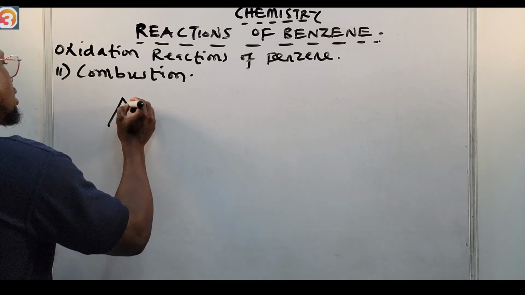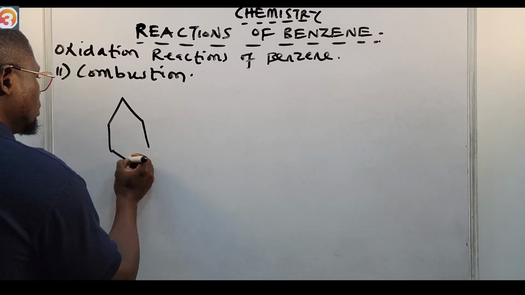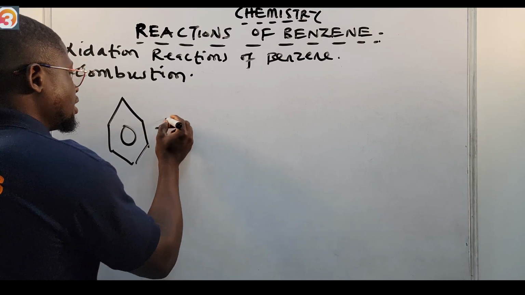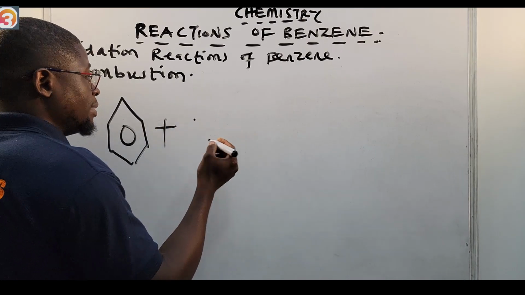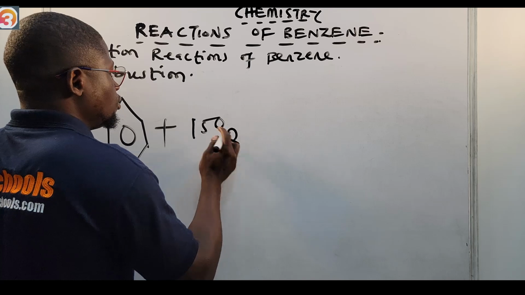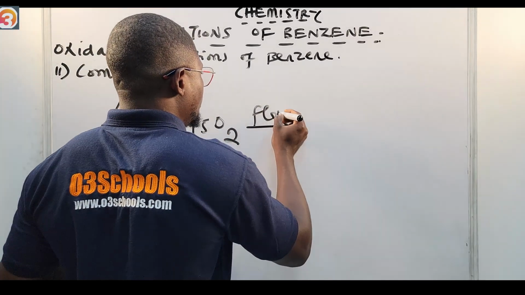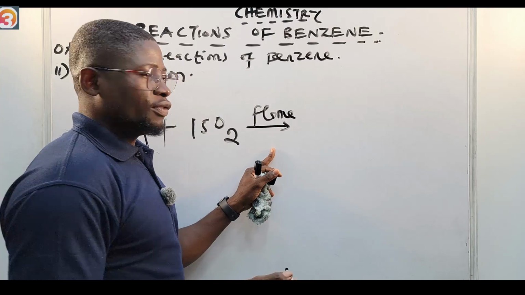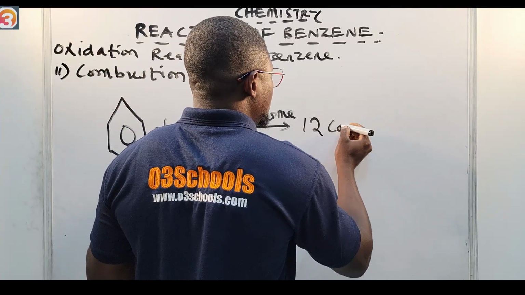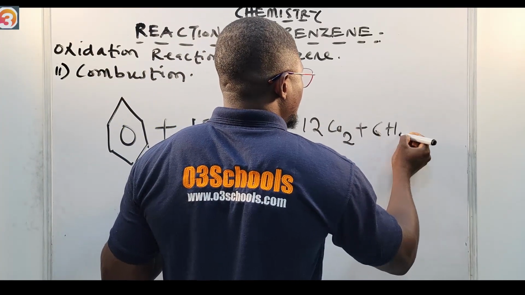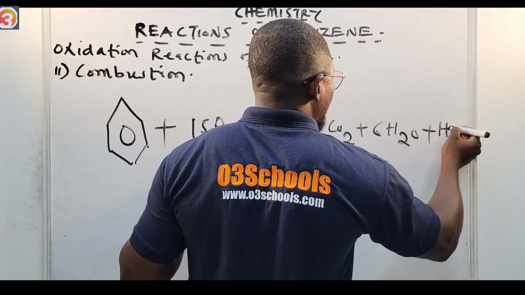Let us see that combustion reaction. This is your benzene, reacting with oxygen. Let me just write a balanced equation. Plus 15O2, in the presence of flame, gives 12CO2 plus 6H2O plus heat.